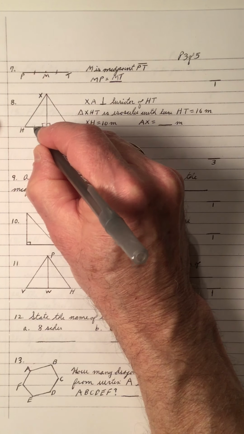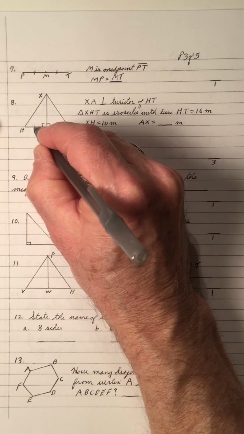Okay, what else? Triangle XHT. XHT is isosceles. This is an isosceles triangle. That means there's 2 sides equal. So if it says the base is H, if that's the base, that means that these must be the 2 sides equal in this triangle. Here's the triangle. So these are the 2 sides equal because the equal sides are not the base.